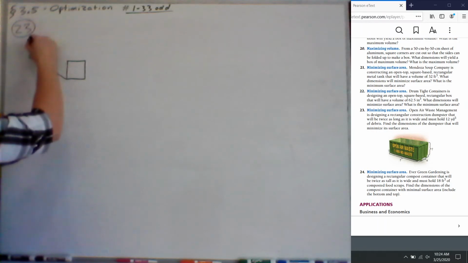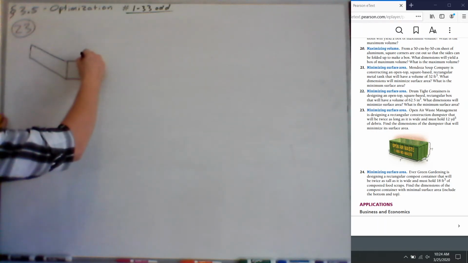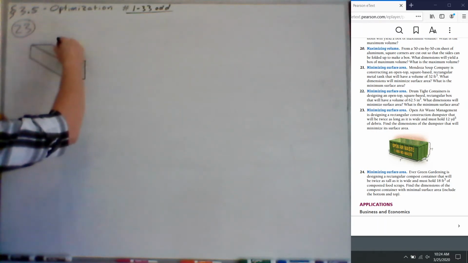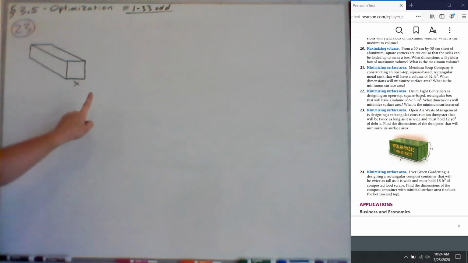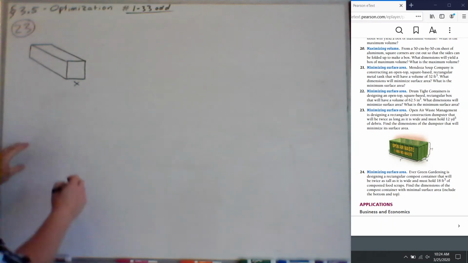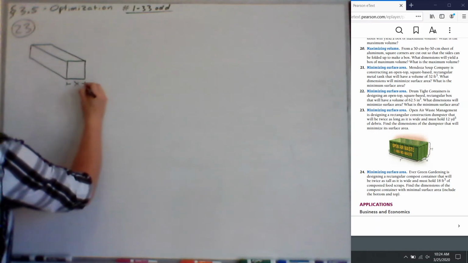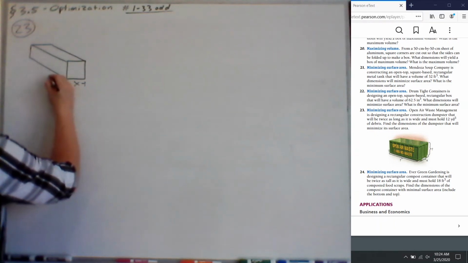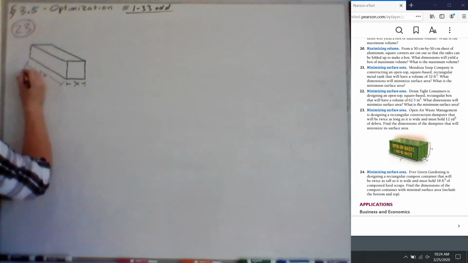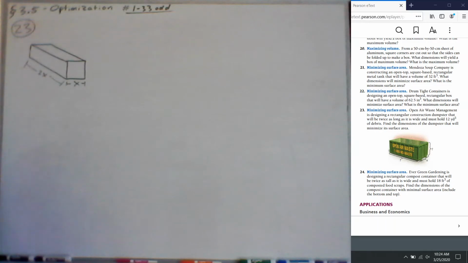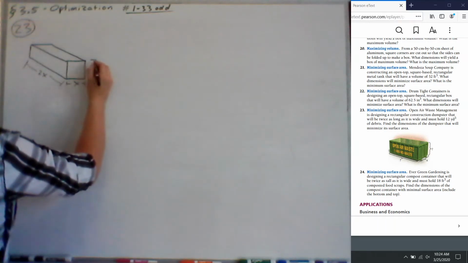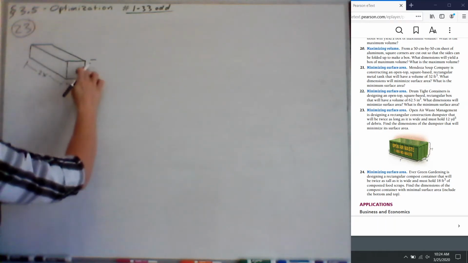Keep in mind, this is what they're labeling as x. This is what we don't know, from here to here. It needs to be twice as long, so this is 2x. It looks a little stretched out in my picture. But we also don't know how high this thing needs to be, and they never said this was square.